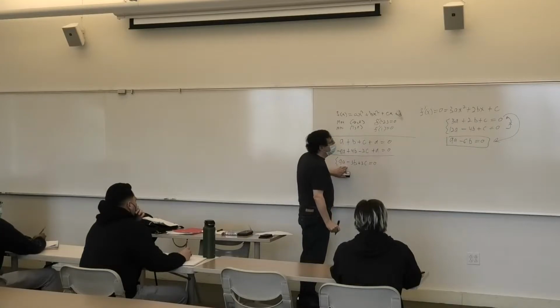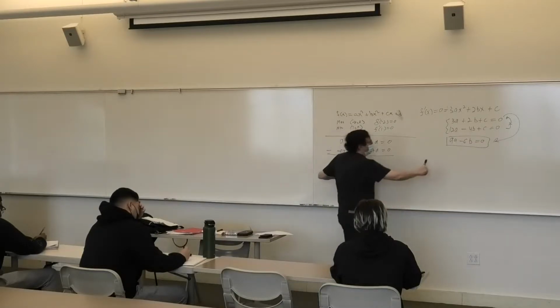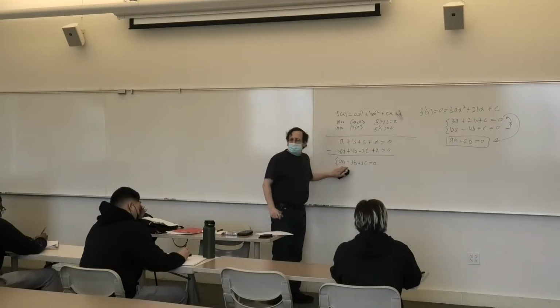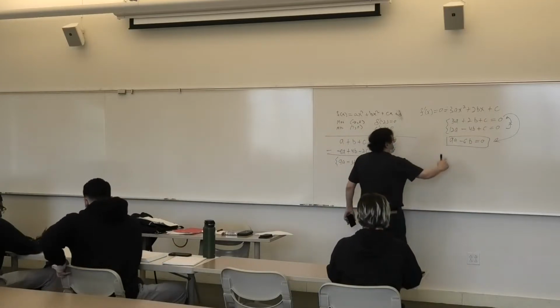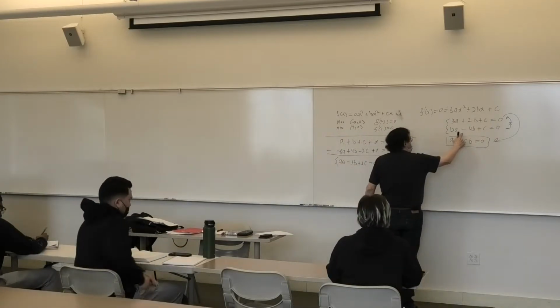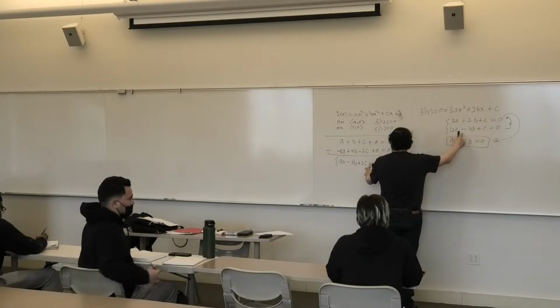I want to get rid of c, so I'll have another equation in a and b. This is hard work. It's simple, hard work. So I guess what I want to do is multiply one of these by 3 and combine it with this.